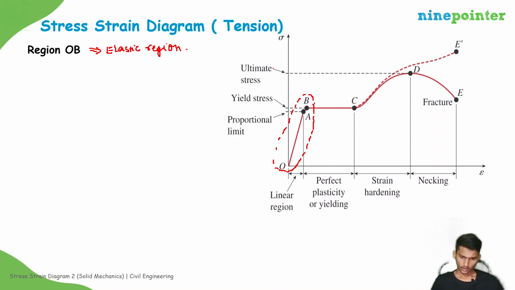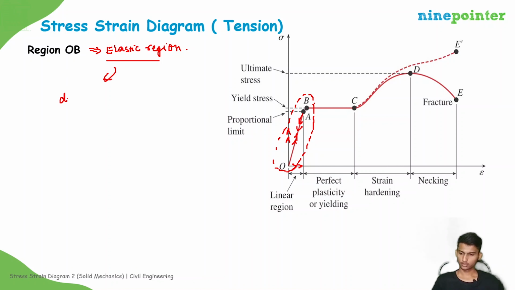As you are increasing the stress, the strain is increasing, the material is getting deformed in this direction, right? But once you remove the load, the material again will compress to get its original shape. The deformation caused by the tensile load will be recovered if you remove that load. So that is about the elastic region.